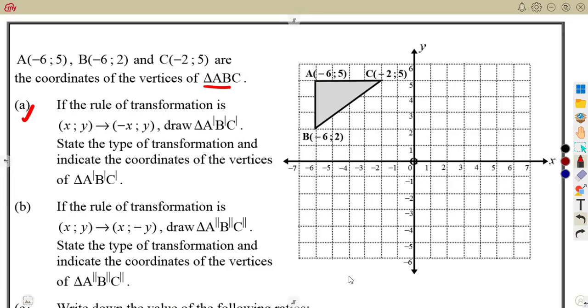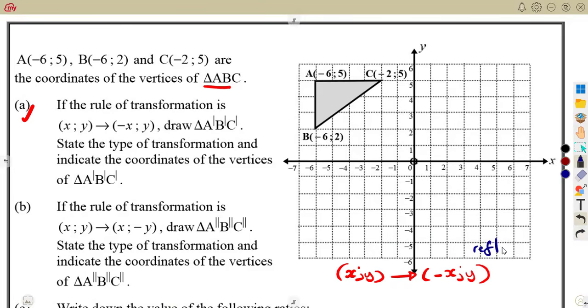Okay, the first thing, by just being told, they've already told you the rule. Minus x, y, which transformation is this? Where x changes to a minus and the y value remains as it is. Y is not affected. Y does not change. That's a reflection in the y-axis.